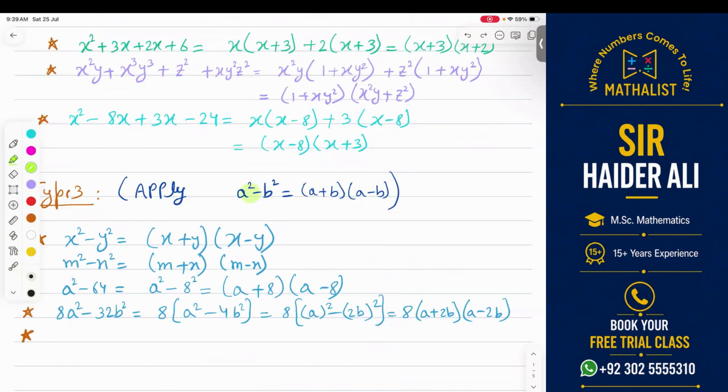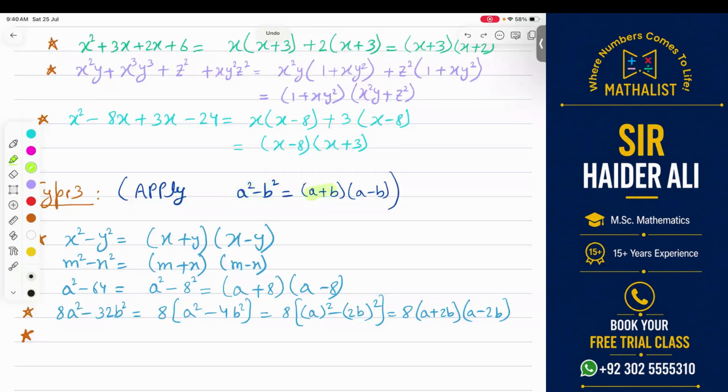Next is the next formula, that is a square minus b square. Sometimes you have the question in 2 terms, and both terms can be written in square form. Between them you have the minus sign. Then you will write both terms without the square, one time addition, one time subtraction, by using this formula, a square minus b square.